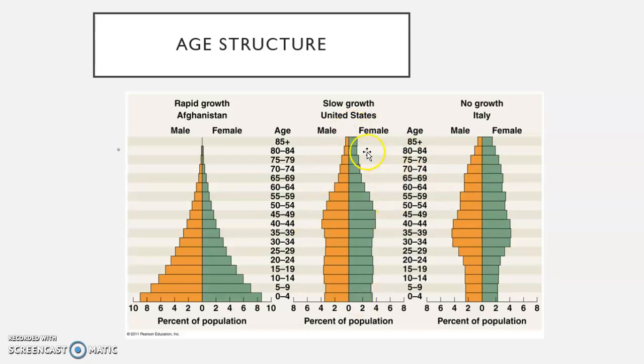The United States is relatively slow growth. We have a pretty stable quantity of young people in our population. This bulge right here is the baby boomer generation, and I'm going to talk about that on another day. But we have a steady growth, more of a stable one, and you can see this by the sides of the population pyramid.